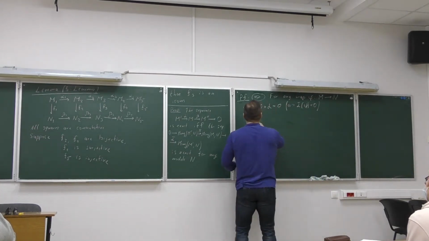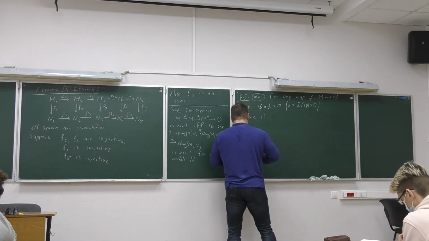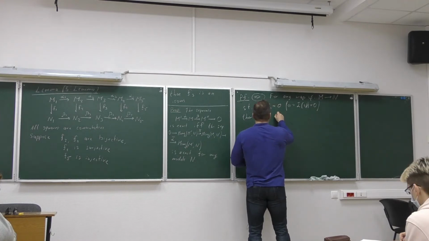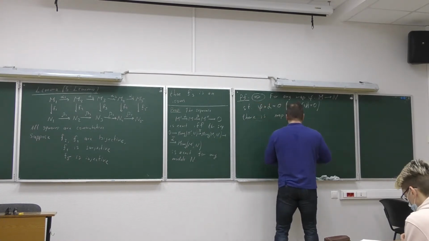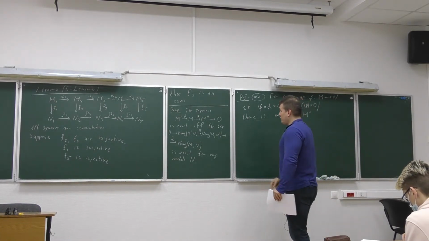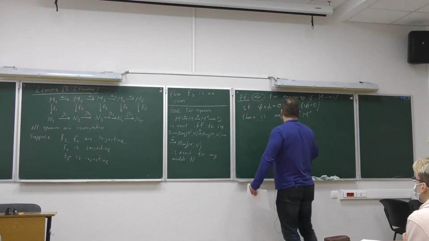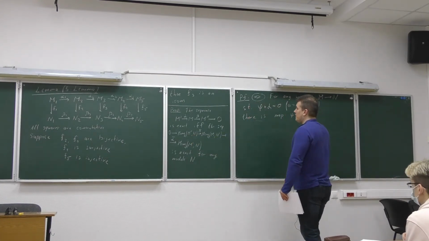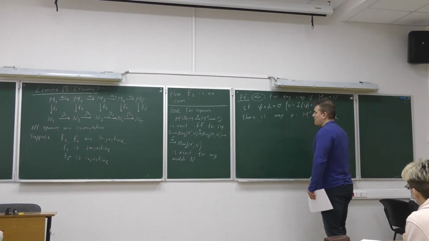Well, there is a map psi, which is a map from M double prime. I want to construct a map somewhere here. I know that M double prime, I can just say that this is the quotient of M by the image of the map alpha, right?